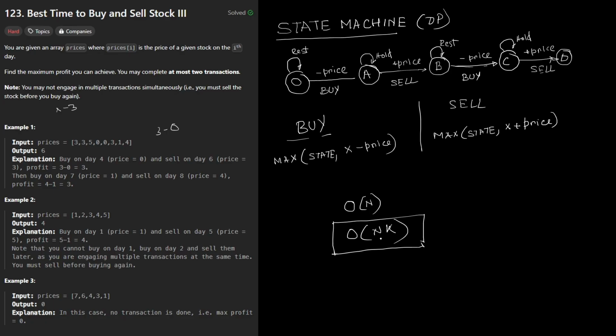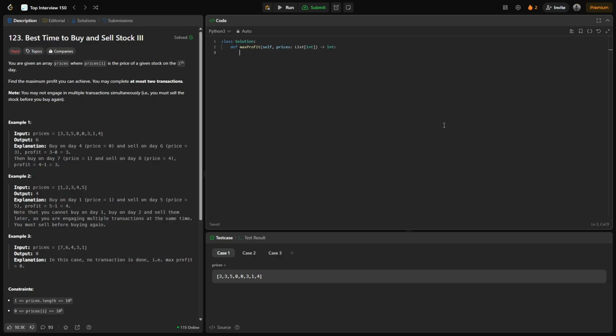Now let us jump to the Python solution, and there you can understand how easy it is to code this. So here, the first thing we need to check is if prices are not available, in that case I can return 0, so the max profit I can make would be 0.